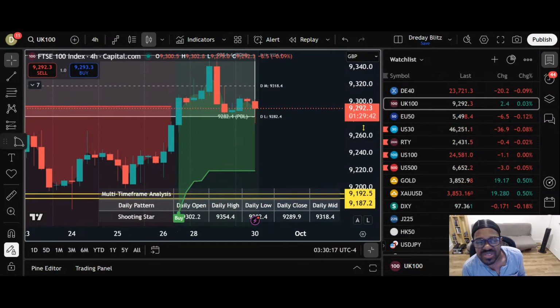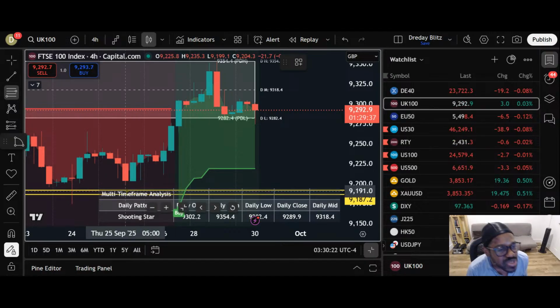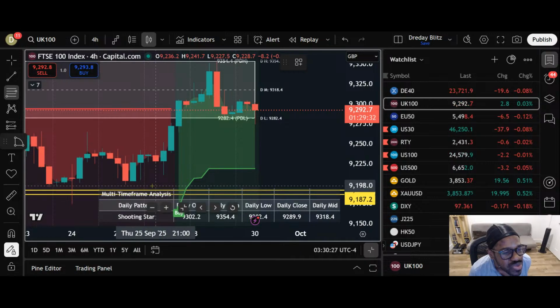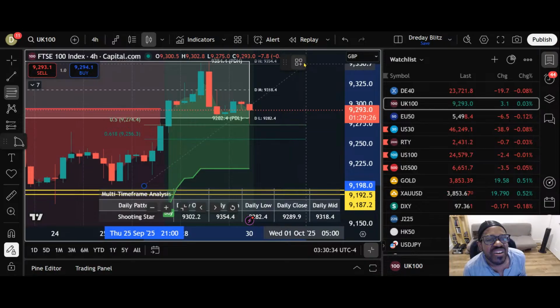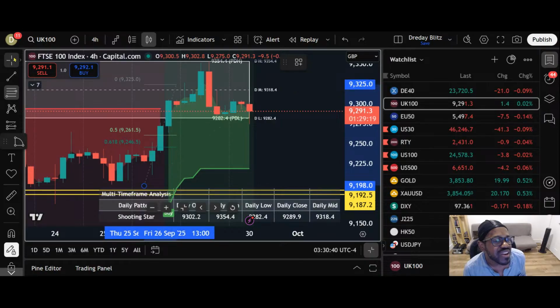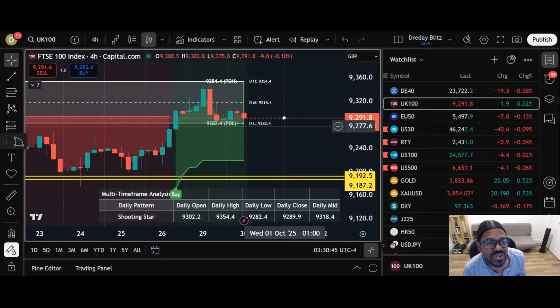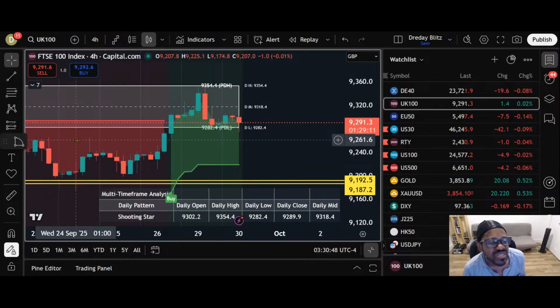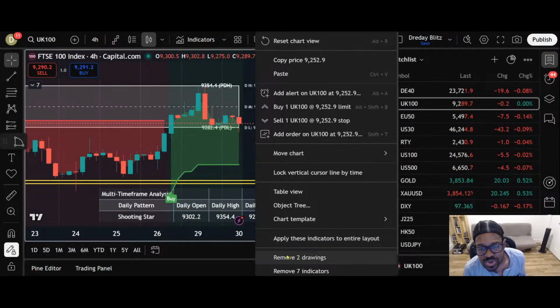What I could do here is put a fib off of that move. I'll put it from that swing low to that swing high, if we want to go higher, to see exactly where it wants to retrace. Let me position myself and remove those drawings.